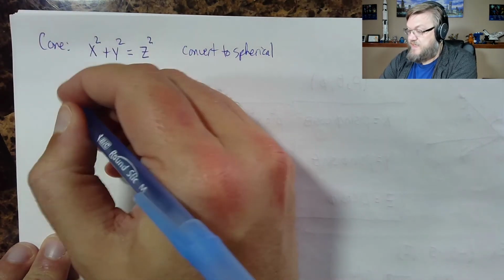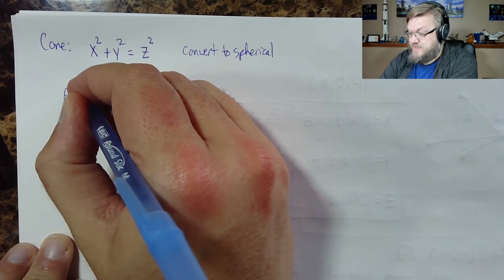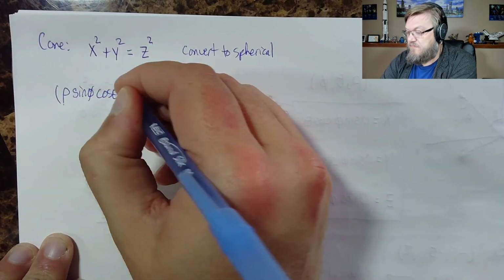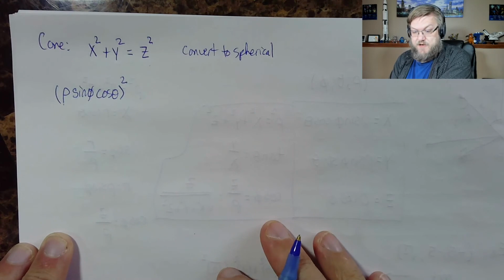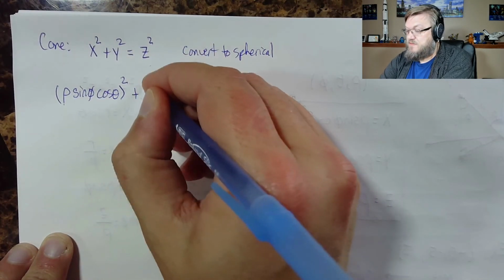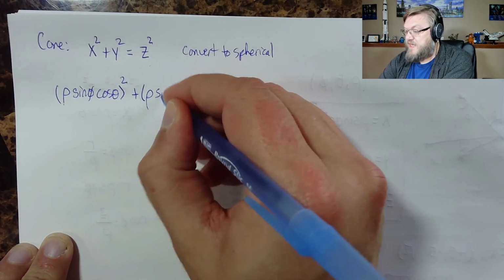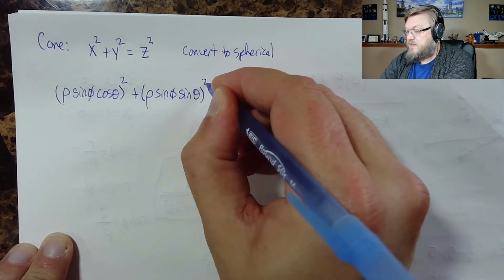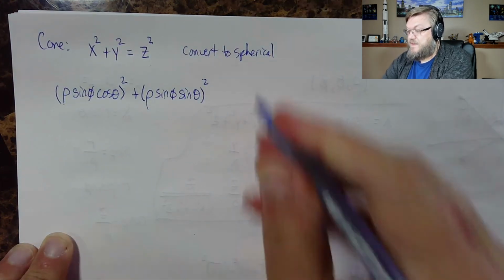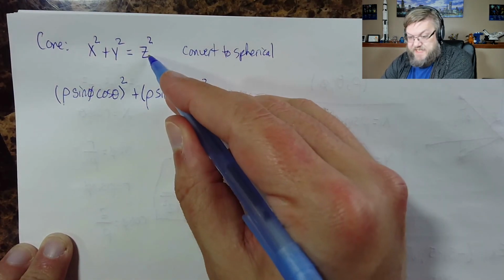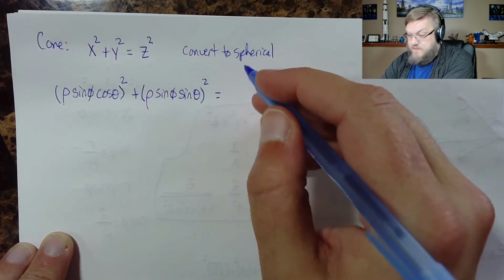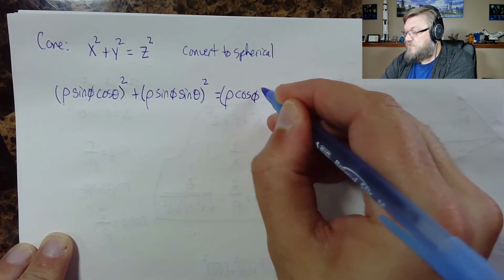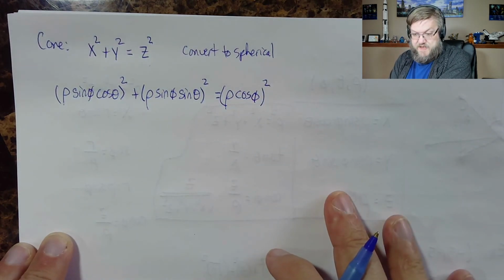X is rho sine phi cosine theta. So that's going to be all that squared. Plus y is rho sine phi sine theta squared. And that has to equal z, which is rho cosine phi, and that's squared. Remember what I said about ugly?